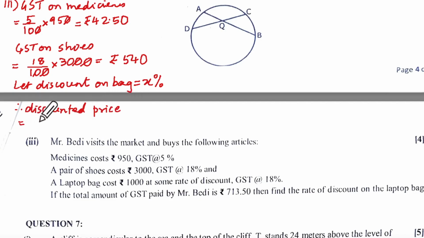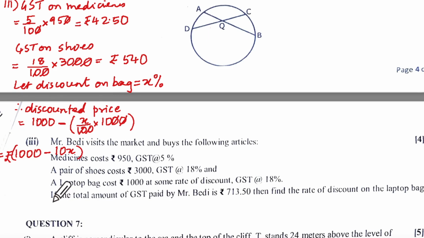Won't it be equal to rupees 1000 minus the discount, means X upon 100 into 1000. Do you agree with this? Yes, ma'am. So I am getting it as rupees 1000 minus 10x. Okay, these many rupees.